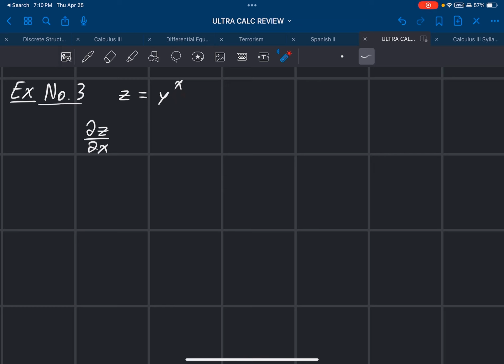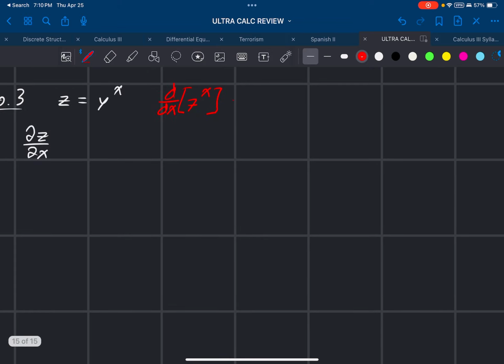So for this one, you want to think of it like this. This y is equivalent to a constant. So let's just say that this y is 7 and then it's x right here. So in this case, to take the derivative of this, what you would do is you would have 7 to the x multiplied by the natural log of the constant.